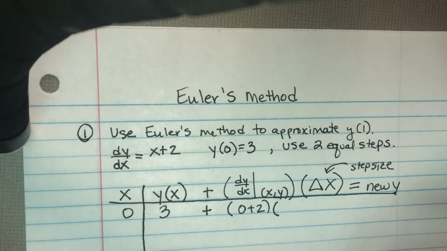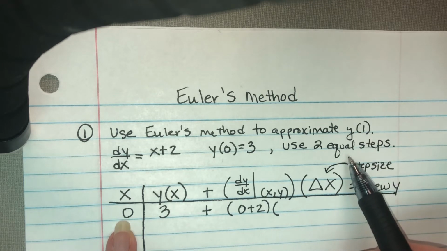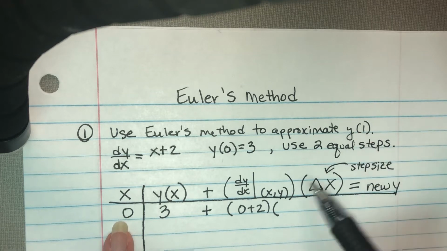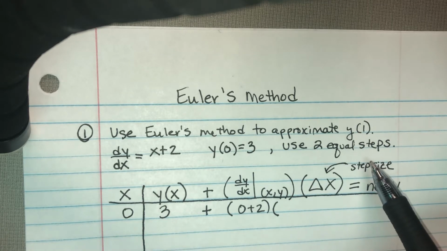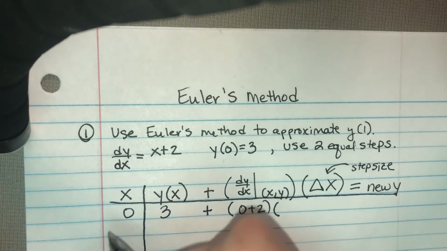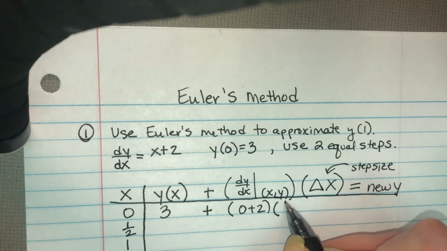So I'm going from an x value of 0, and I'm ending at an x value of 1, because they're telling us to find y of 1. And then we are going to use 2 equal sized steps. So that basically, if I start at 0 and I end at 1 and I'm using 2 steps of equal size, each one would have to be a half to get me from 0 to 1 with 2 steps. So my next x value will be a half, and then I'm going to end at 1. So the step size is 1/2.